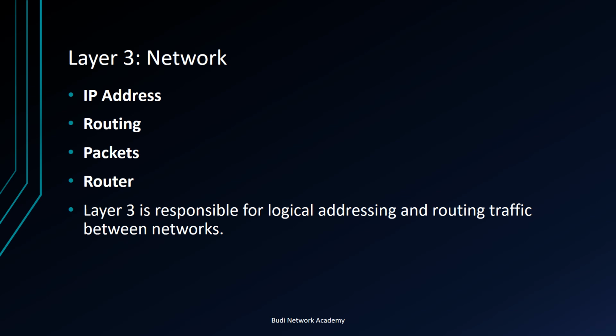Routers operate primarily at layer 3 and use IP addressing to make routing decisions. So remember, layer 3, IP addresses, routing, router. This is the layer that allows traffic to move between different networks.